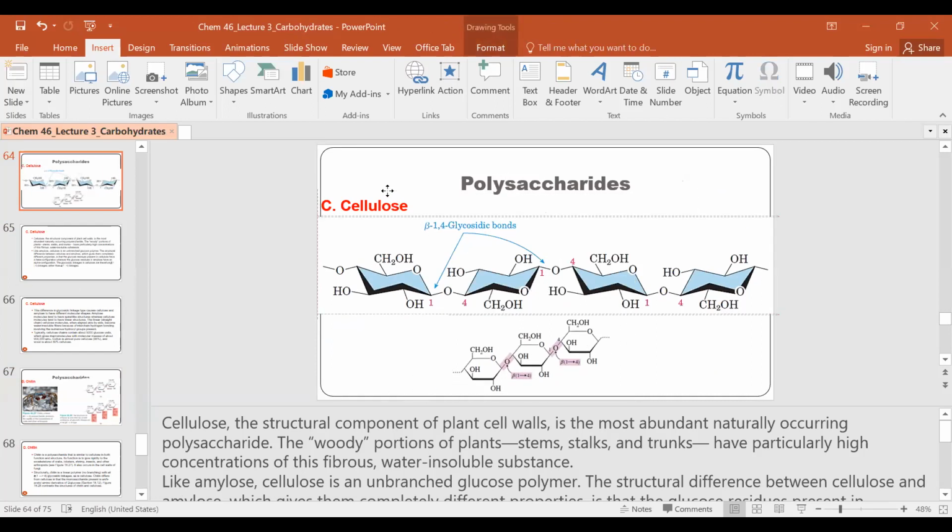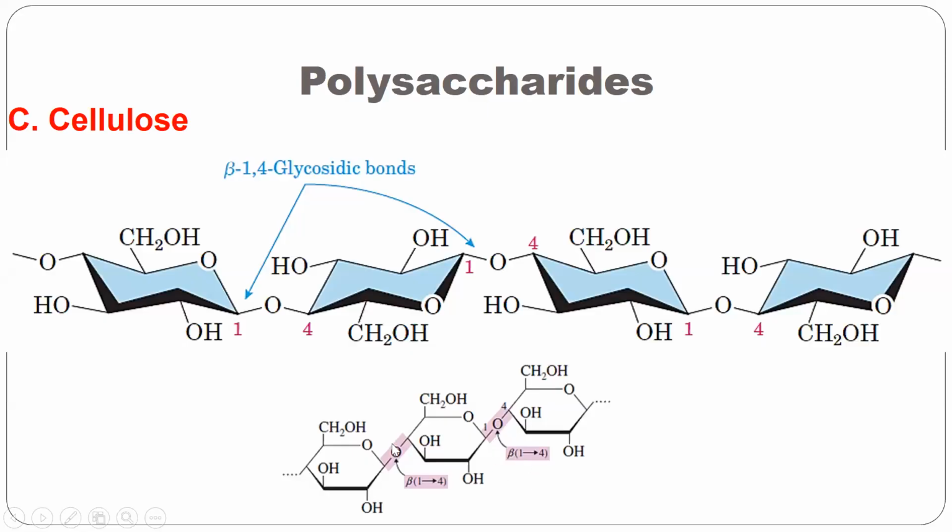Still cellulose. So you can see here the alpha 1,4 glycosidic bond, beta, not alpha, beta, so it's up, down, beta 1,4 glycosidic bond. So if you use the Haworth projection, you can also use this one using the chair. Okay, so this is your cellulose.